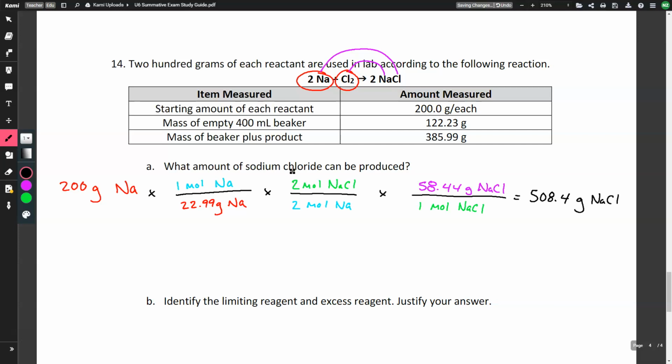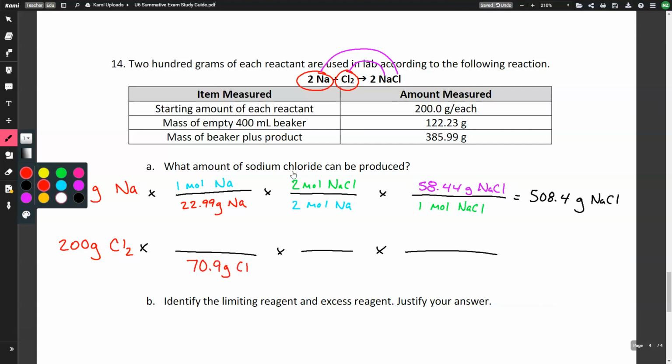We're going to do the same thing with chlorine. So for chlorine, again, 200 grams. Okay, 3 steps, just like before. Okay, actually this isn't just chlorine, this is Cl2. Okay, so Cl2 has a molar mass of 70.9 grams. That's how many grams are in 1 mole of Cl2.